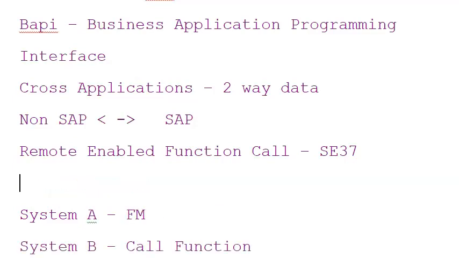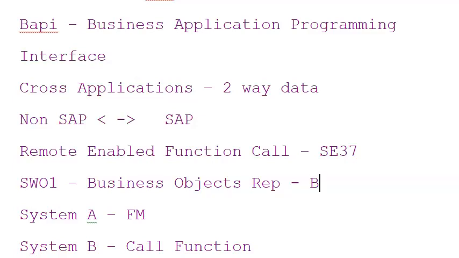So we first need to create a remote enabled function call in SE37, and then we need to go to the business objects repository, SWO1, and here we are going to create a business object. When we create a business object, we'll be assigning this remote enabled function call to the business object.